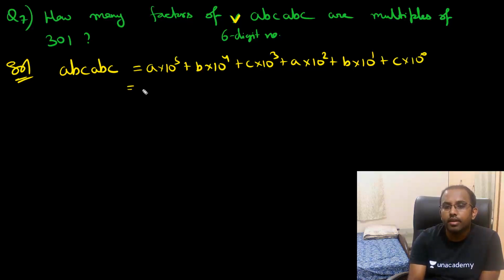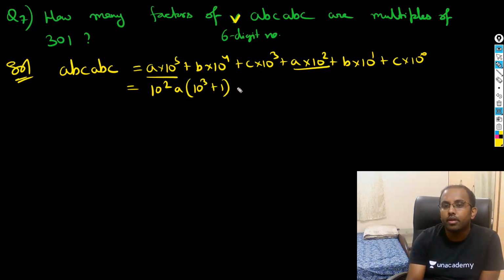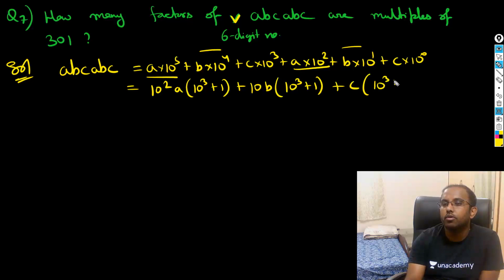Now from these two terms I'll take A common, that is 10 square A as common, and I'm left with 10 cube plus 1. With B I can take 10B as common, and again I'm left with 10 cube plus 1. In the C term I can take only C as common, and I'm left with 10 cube plus 1. Now from all these three terms I can take 10 cube plus 1, that is 1001, common.